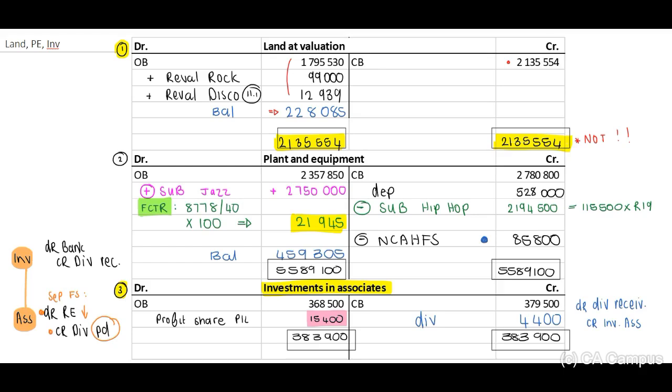Then, in the records of the investor, our investor will debit bank, an increase, and credit dividends received and income in profit and loss.